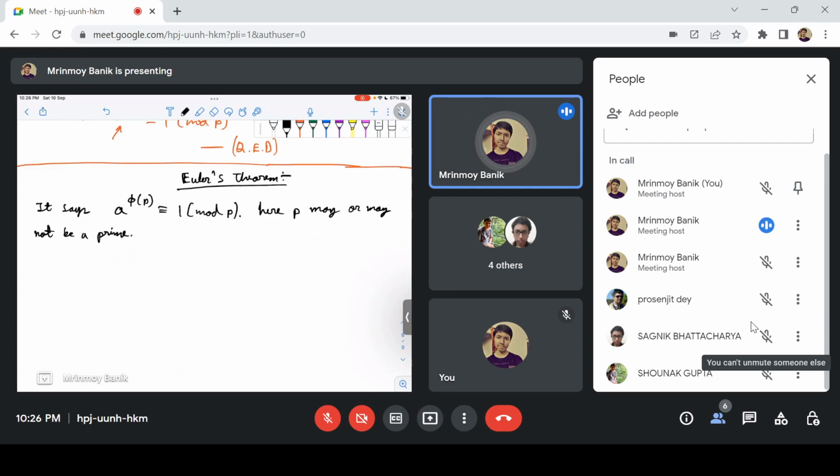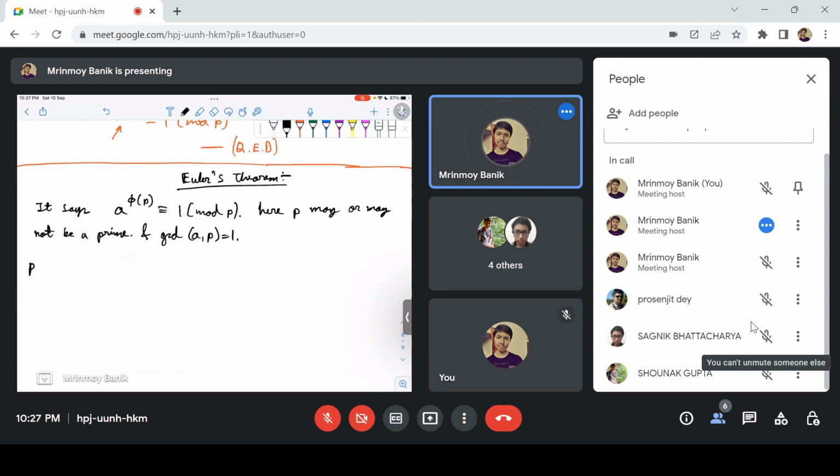And the condition that a and P are co-prime, I guess that doesn't hold. Let me check just once. Oh yeah, that condition still holds. So GCD of a and P is still 1. So this only holds if a and P are co-prime.